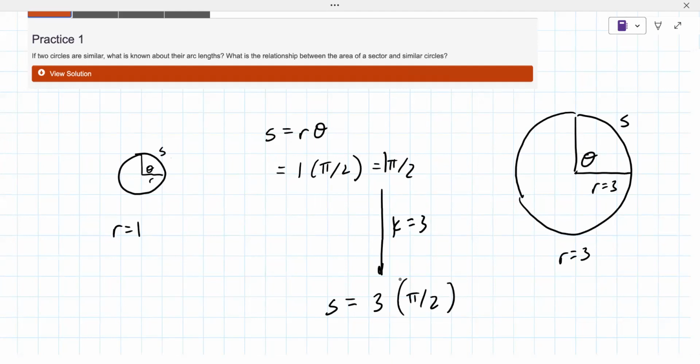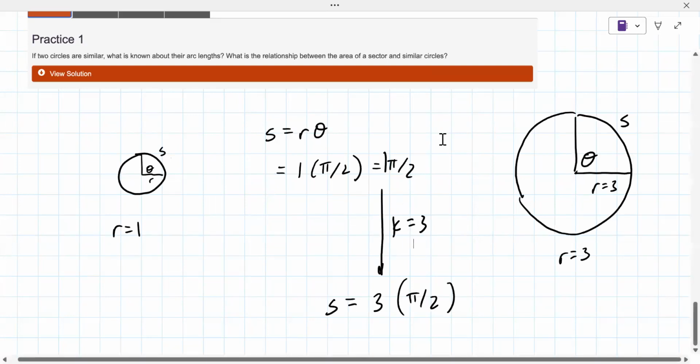Yeah, that makes sense. And then from here, the area is different.